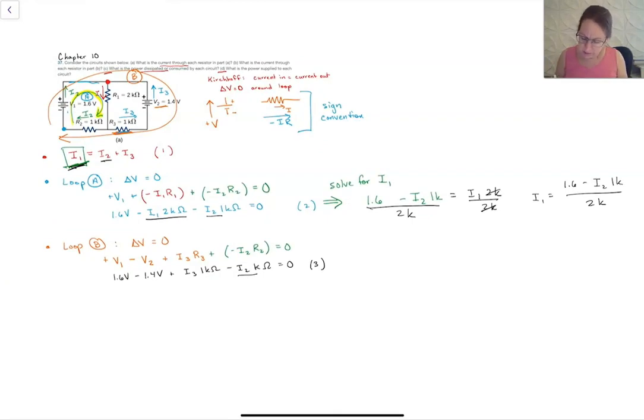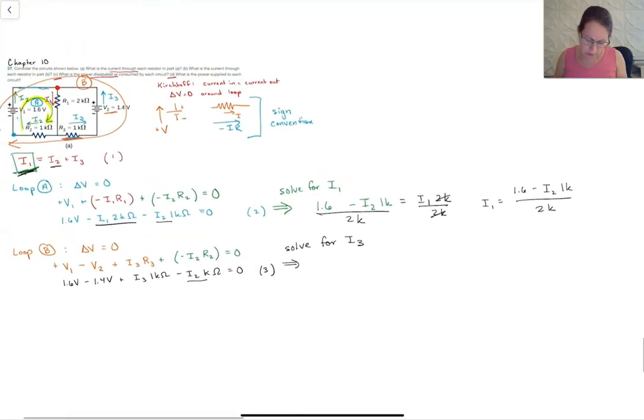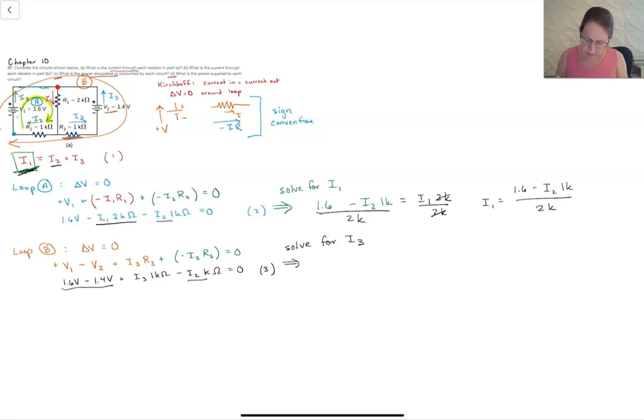I'm going to do the same thing down here. I'm going to solve for I3, that way I can substitute everything in. Again, I want I3 by itself, so I'm going to take it over to the other side. This gives me 0.2 volts minus I2 times 1K is equal to minus I3 1K.